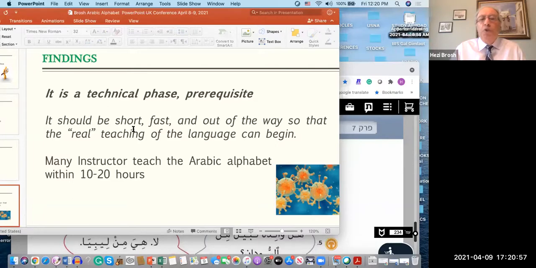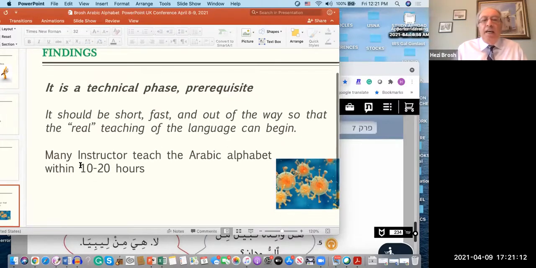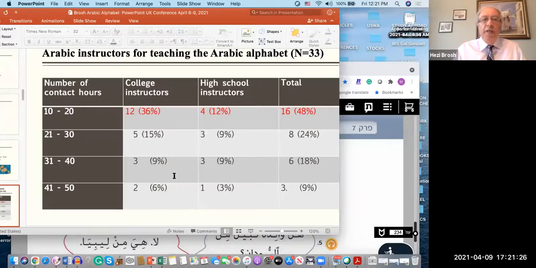It should be short, fast, and out of the way so that the real teaching of the language can begin. So teachers usually think that this is something we should get rid of fast. Many instructors, in fact, teach the Arabic alphabet within 10 to 20 hours. 10 to 20 hours meaning 2 weeks or less. 2 weeks or less, students should know the Arabic alphabet.